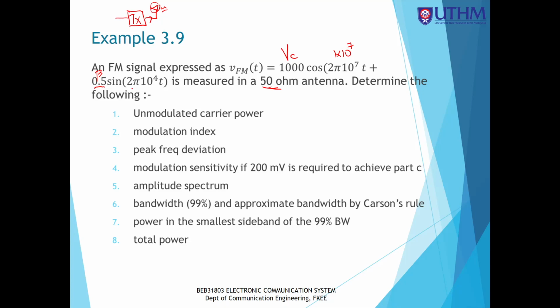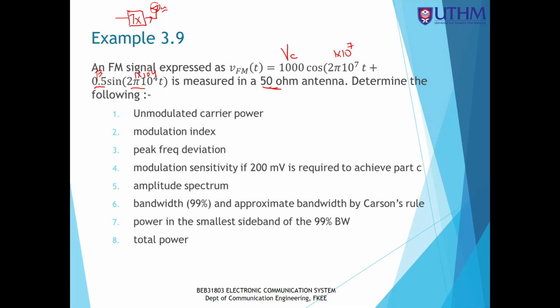And you are given another frequency which is 2π × 10^4. If you divide by 2π, you're going to get 1 × 10^4 hertz, which is referring to the modulating signal frequency, FM.